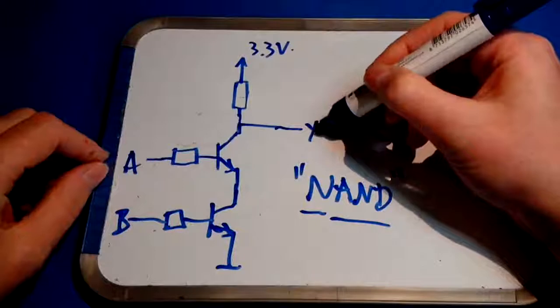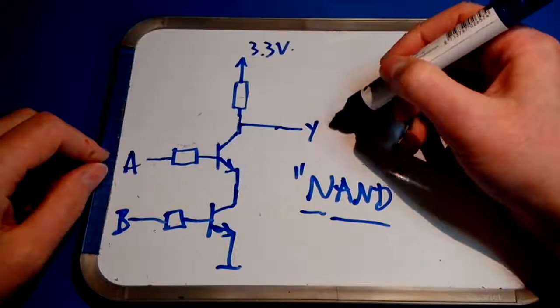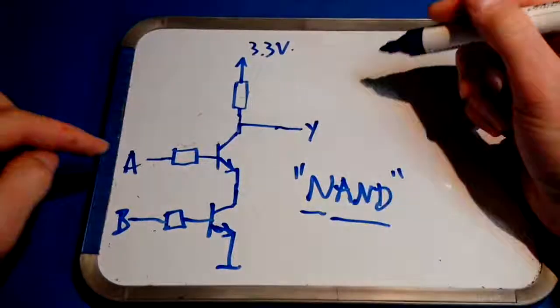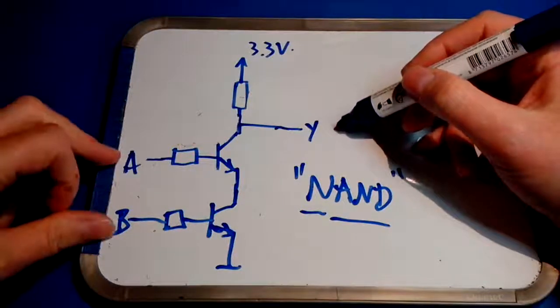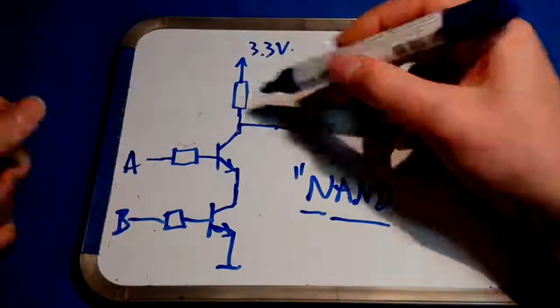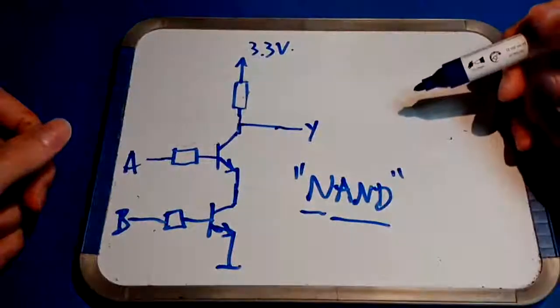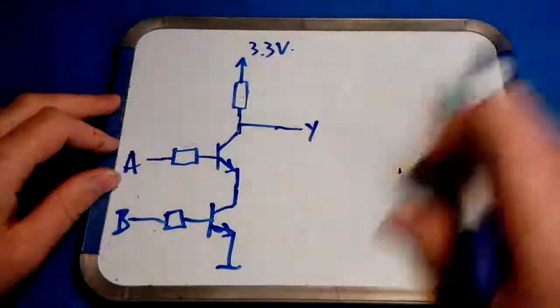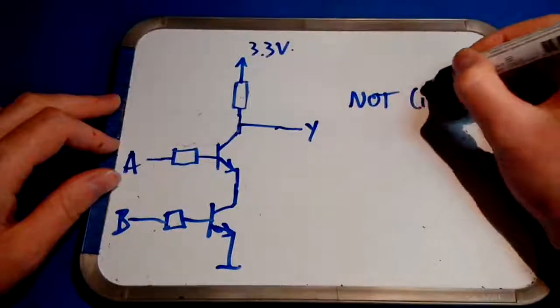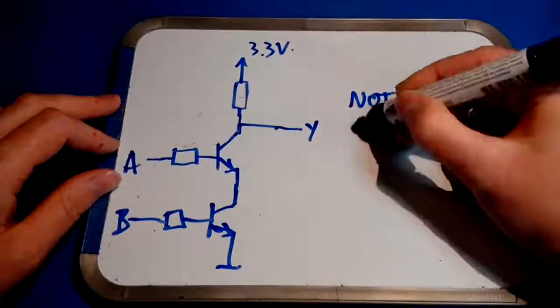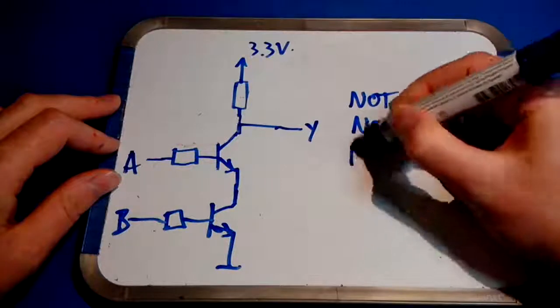So you see the output Y is only low if both A and B are high. In all other cases it's high, being pulled up by this resistor. Right? So now we have a NOT gate or inverter, a NOR gate, and a NAND gate.